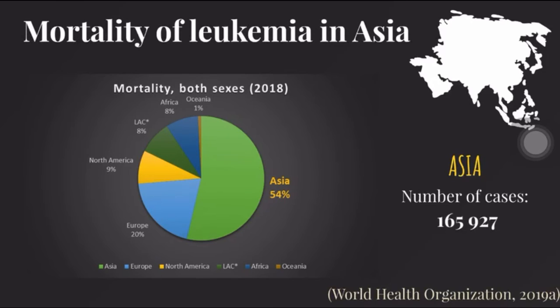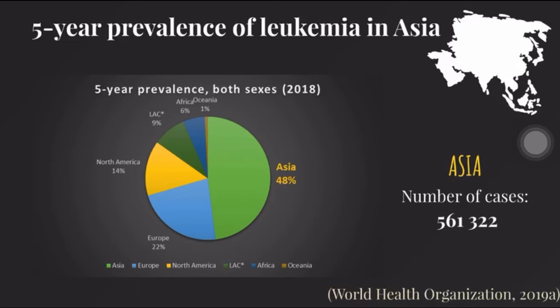Among all the continents, Asia makes up 54% of the total mortality cases due to leukemia. Next, for the 5-year prevalence, with the number of cases of 561,322 cases, Asia records 48% of prevalence in leukemia.